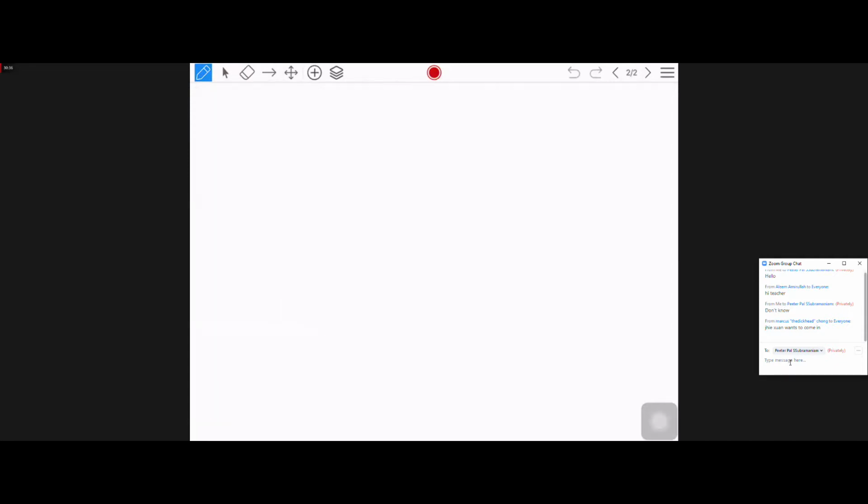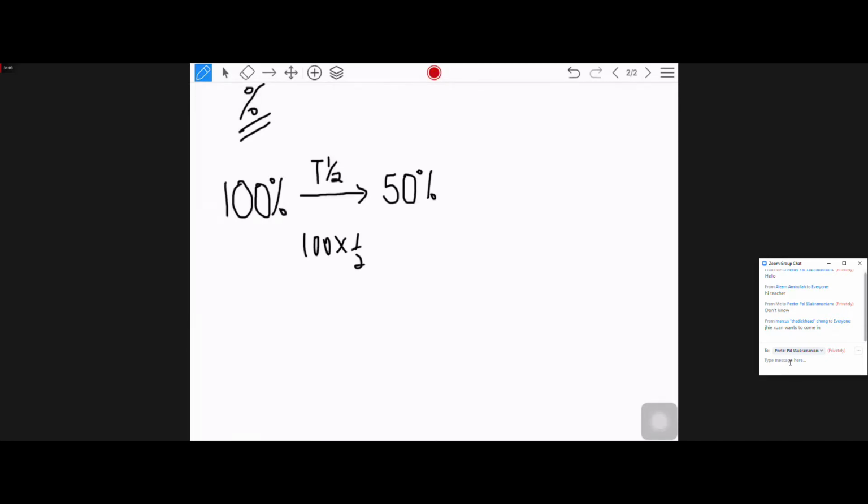The second method is by percentage. If you have a 100% initial amount, after the first half-life the remaining balance will be 50% of the initial amount. So we take the 100% and multiply by half to get 50%.